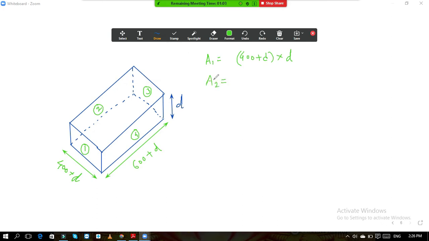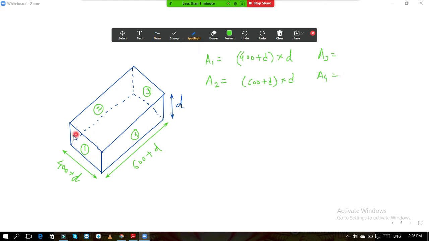Now what is A2? A2 is this much area, this rectangle. This is 600 plus D, and this is D. So that area will be 600 plus D into D. Similarly, you can write A3 and A4.